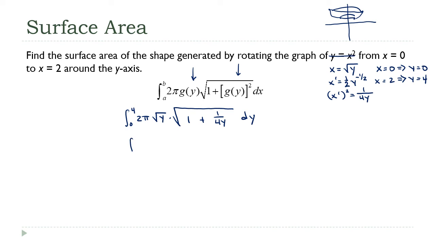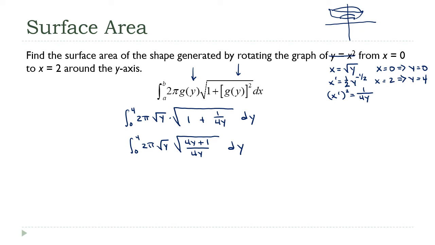So we're going to have the integral from 0 to 4, 2 pi, square root of y, square root of, I need a common denominator here, 4y plus 1 over 4y dy. Now look, we're going to get some canceling going on here.